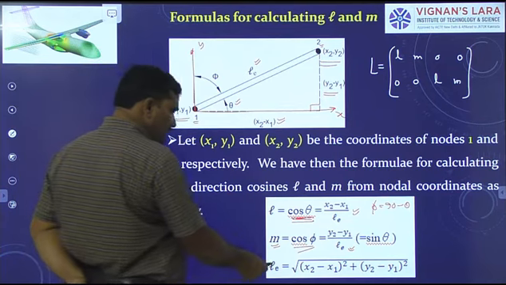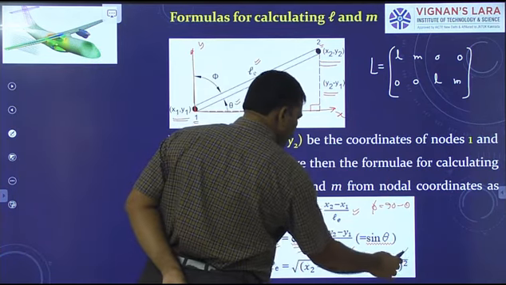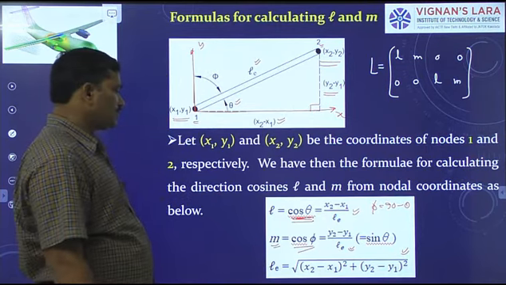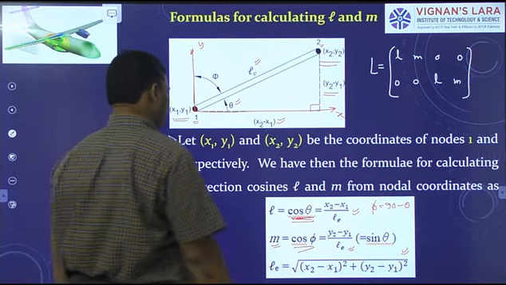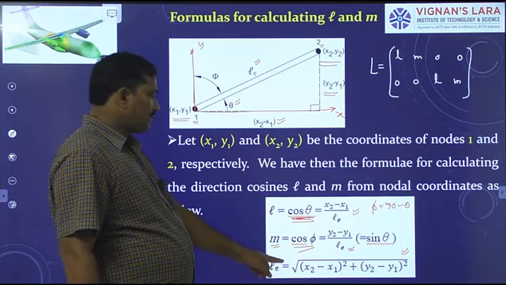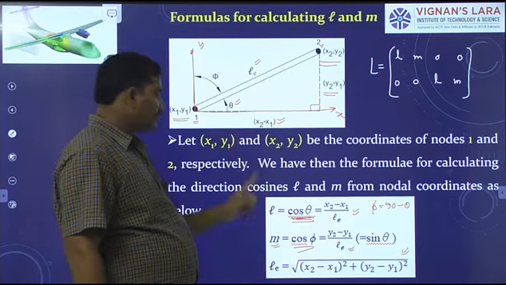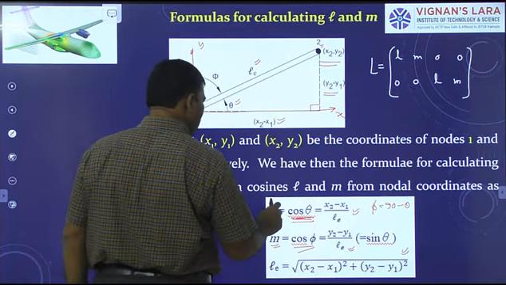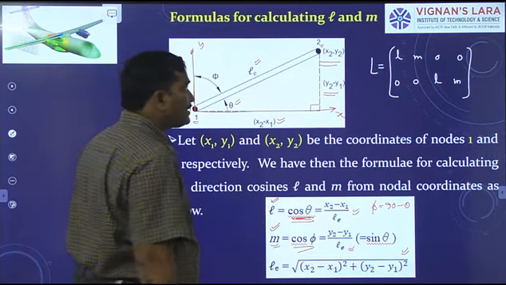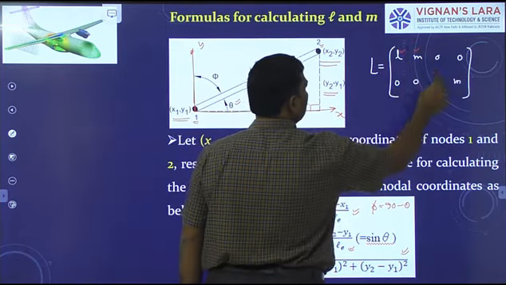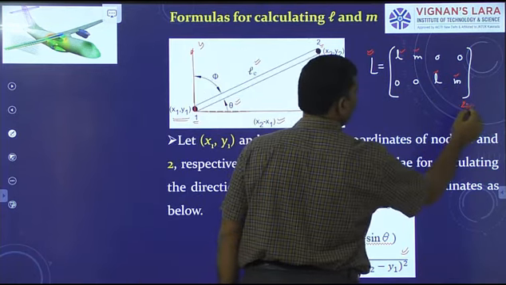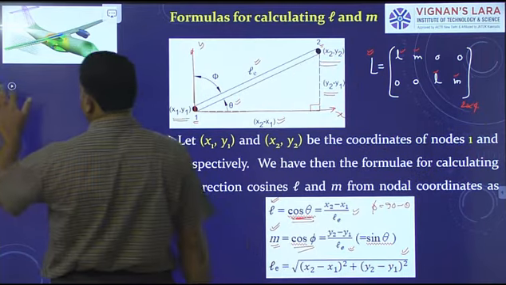So the length of the element we can determine using this formula: LE equals square root of (x2 minus x1) whole square plus (y2 minus y1) whole square. Right? So first you have to determine the length of the element. And you have the coordinate positions of the nodes. Therefore, finally you can determine the direction cosines l and m. When you determine the direction cosines l and m, you get the transformation matrix L of size 2 by 4. Remember.